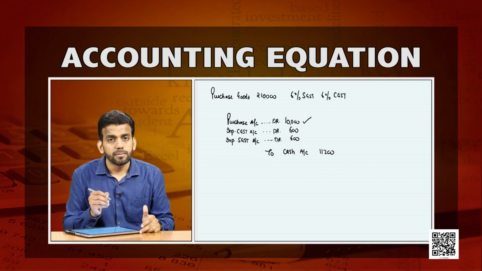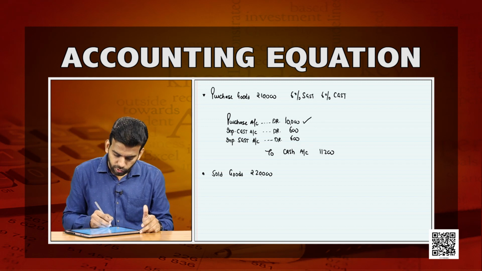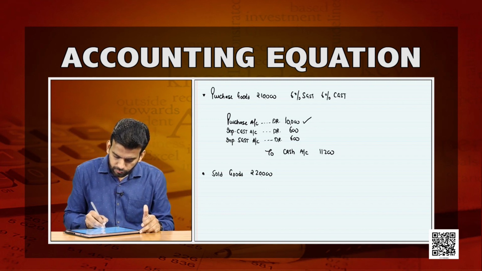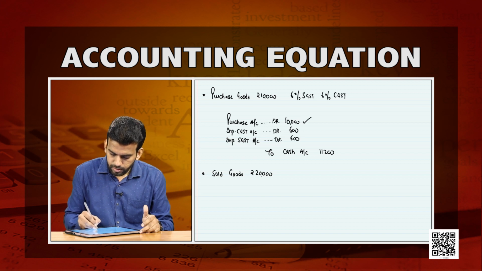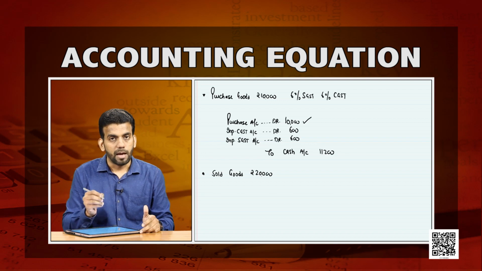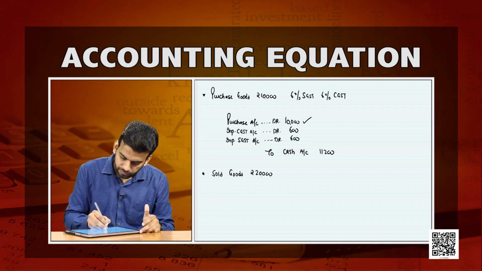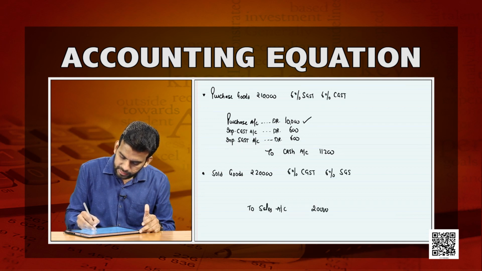Now, when it comes to selling goods, let's say we sold goods for 20,000. What did we learn in our rules? If sold goods is there, then what is the very sure thing? That sales would be credited. We will do the same treatment here. Now, I am adding GST to the transaction, like adding spices to life. 6% CGST, 6% SGST.